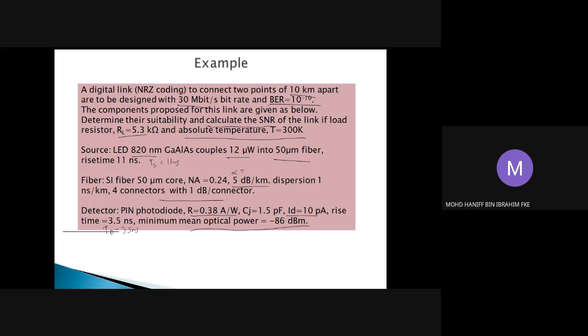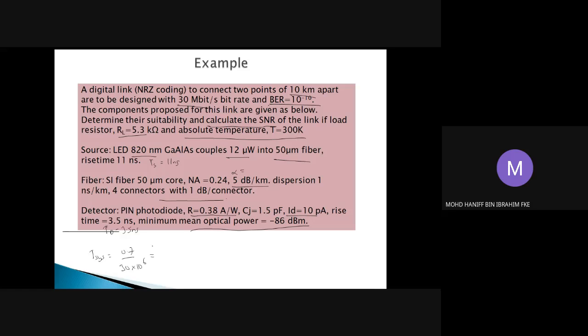Okay, so let us proceed with the rise time budget analysis. Before that, let us calculate the rise time based on the 30 megabit per second bit rate. The rise time based on the given system bit rate will be 0.7 divided by 30 megabit, which is 30 times 10 power of 6.